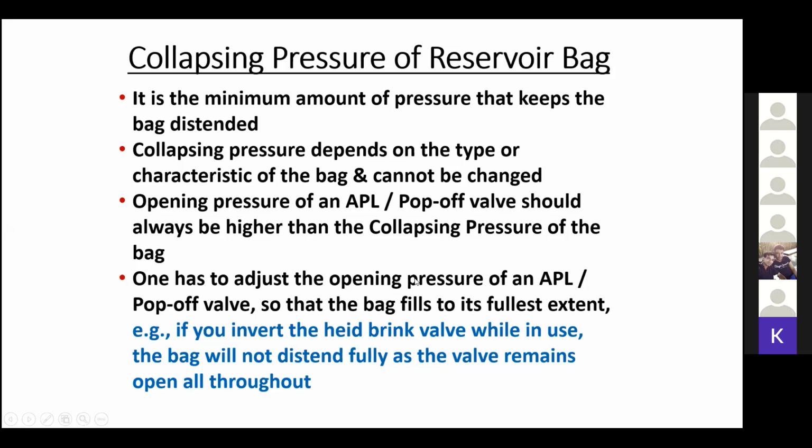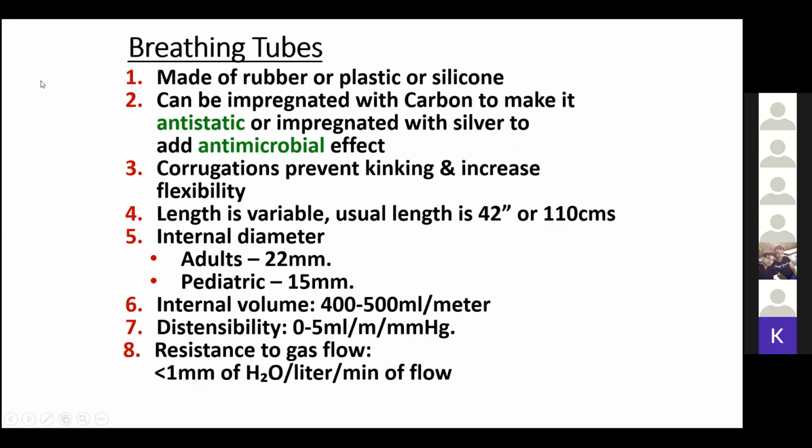So one has to adjust the opening pressure of an APL valve or a pop-off valve because the collapsing pressure is fixed. By adjusting that, you will see that the bag remains at its fullest extent. For example, if you invert the Heidbrink valve while in use, the bag will not distend fully as the valve remains open all throughout. So this is the point to be remembered.